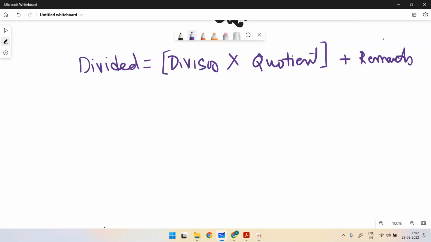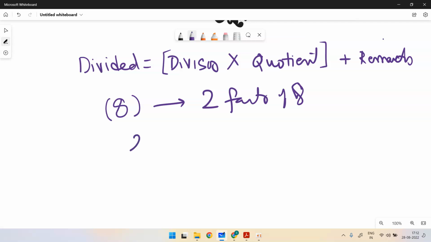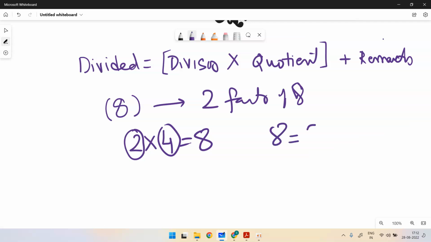Suppose we take 8, and 2 is a factor of 8, which implies 8 can be expressed in the form 2 into 4. Or 8 can also be written as 3 into 2 plus 2.